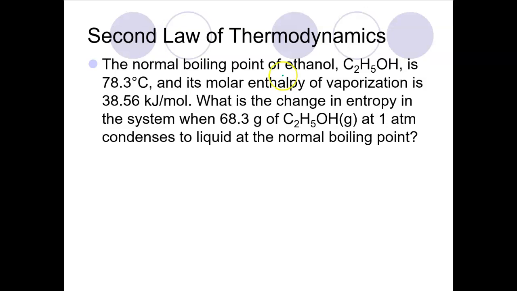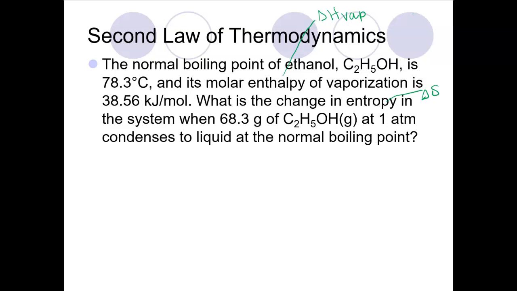It's delta H of vaporization, okay, is 38.56 kilojoules per mole. What is the change in entropy, delta S, in the system when 68.3 grams of gaseous ethanol at 1 atmosphere condenses to liquid at the normal boiling point? So we're solving for delta S.